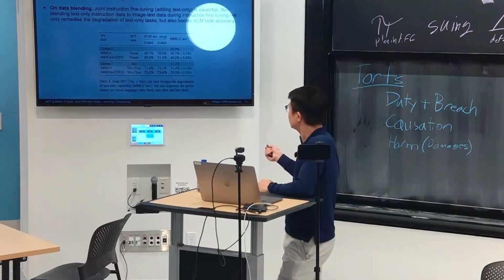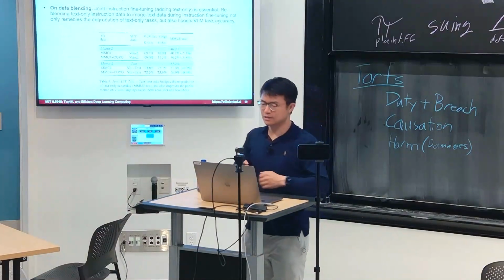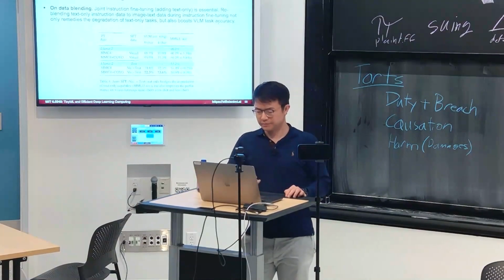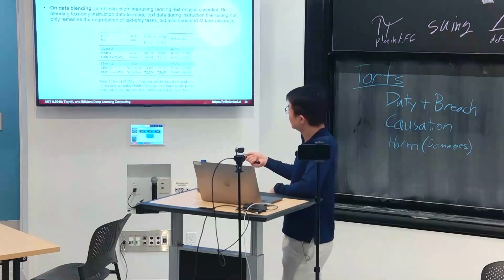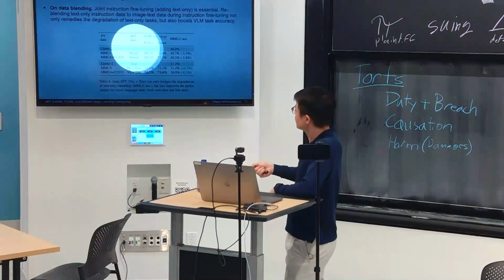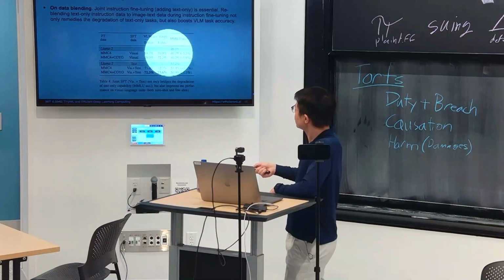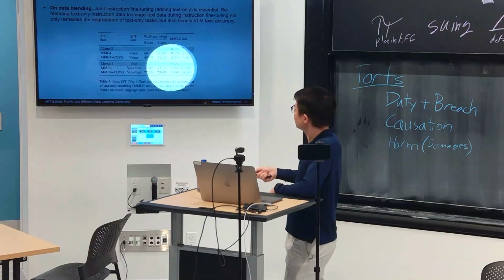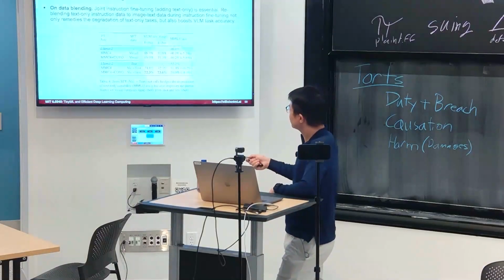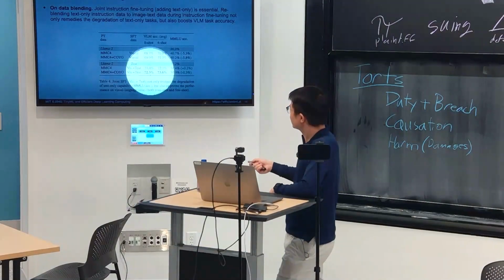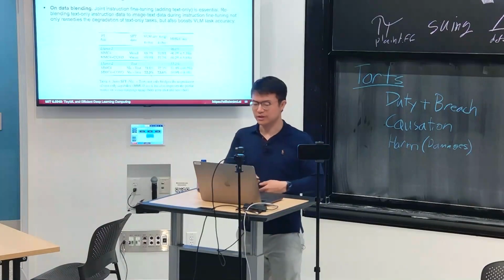And also you want to boost the visual language task accuracy. Here, when the SFT data is purely visual data, the accuracy on MMLU is only 40, but blended with the text data, it becomes 50. And also the VLM task accuracy increased from about 69 to 72.